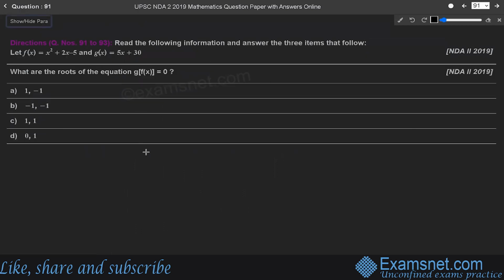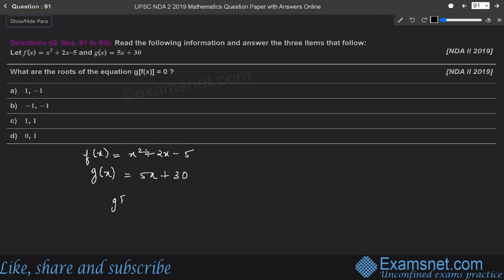Next question has the directions. Read the following information and answer the 3 items that follow. Let f of x is equal to x^2 plus 2x minus 5 and g of x is equal to 5x plus 30. What are the roots of the equation g of f of x is equal to 0?